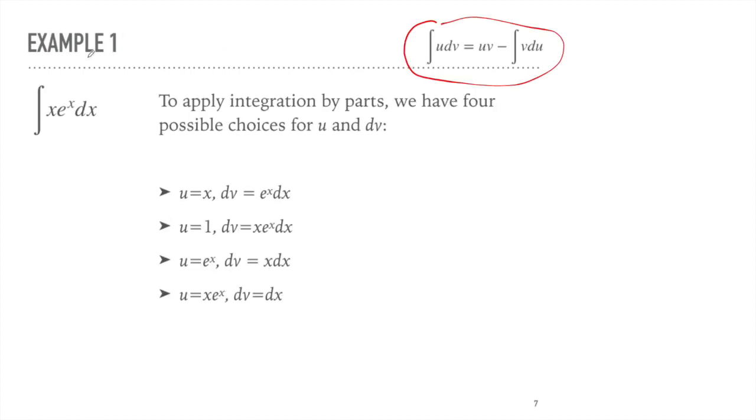Sample 1, this is the integral of x times e to the x dx. And we said we cannot use the straightforward power rule. We also cannot use u substitution. So, this is the next technique we will try, integration by parts.